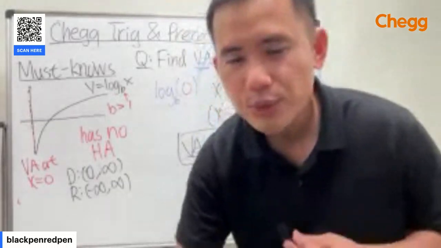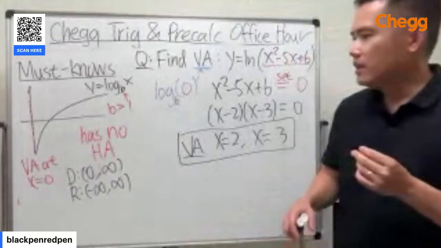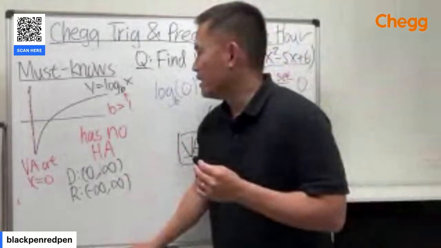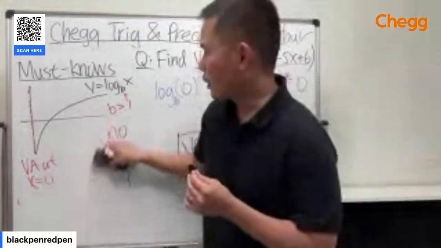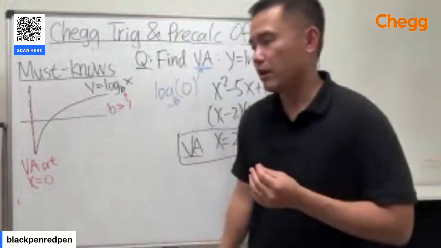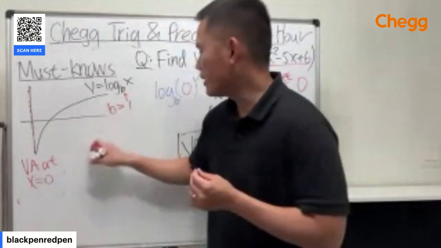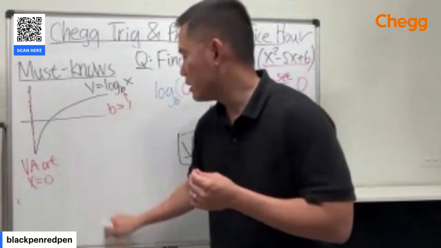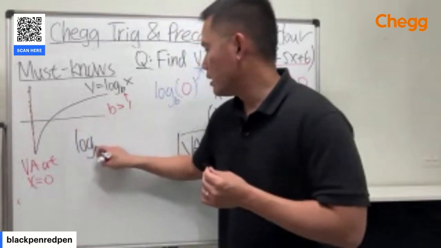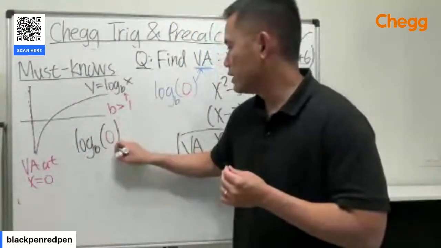Log of 0 is equal to negative infinity. That's when you are talking about limit, though. I think they want to indicate the behavior of what's happening. Right here, in general, log of any base b of 0 is undefined.